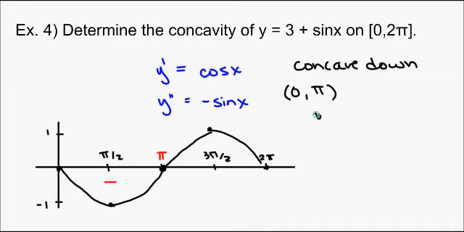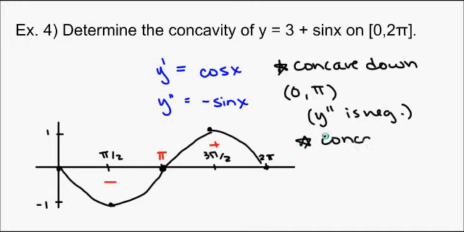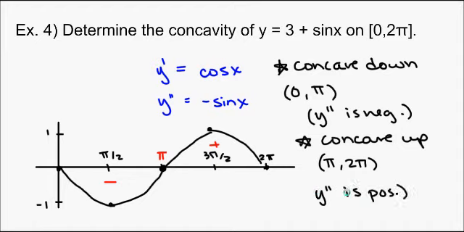This is because y double prime is negative. Okay. And then over here, I can see my graph is positive. That's from pi to 2 pi. So my original graph will be concave up from pi to 2 pi, and that's where y double prime is positive. That is all I need for that problem.